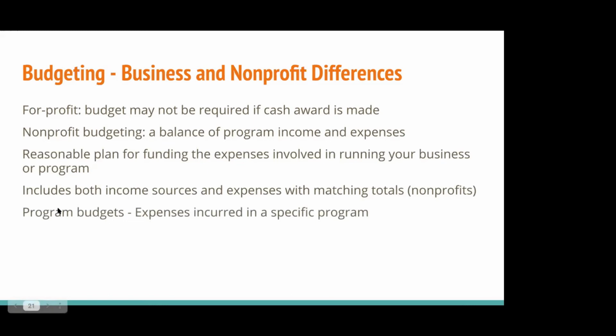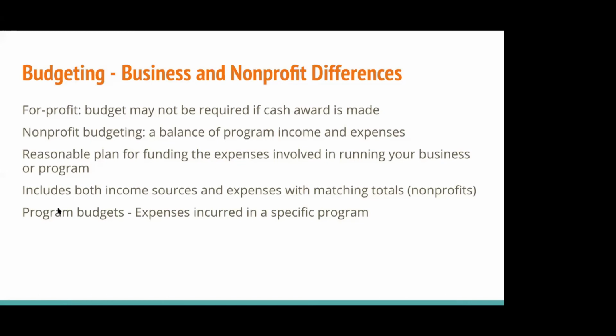Now, if you're running a very specific program, they may want to see all of the expenses involved in just that program. Now, this can kind of be challenging for businesses that are growing because we often may not track that. We may not track sort of supplies costs for one activity versus another.